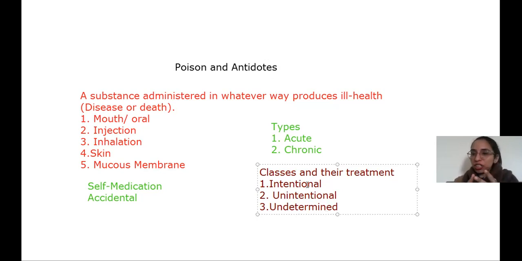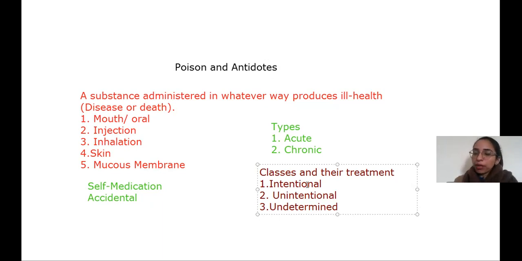One is intentional, second is unintentional, and third one is undetermined. Intentional means when the person is taking poison intentionally. He knows he wants to commit suicide, that's why he takes poison. Unintentional means accidentally the person is taking poison, but he or she is unaware of it, right?